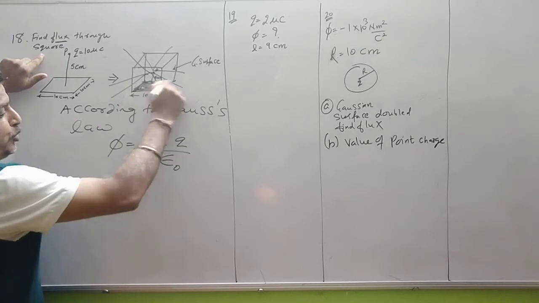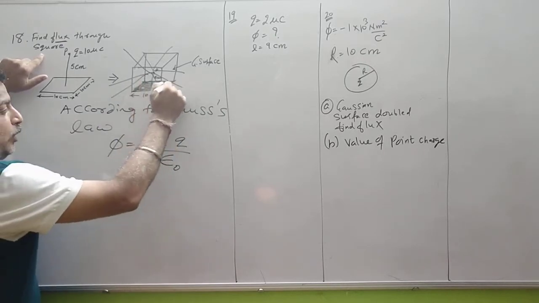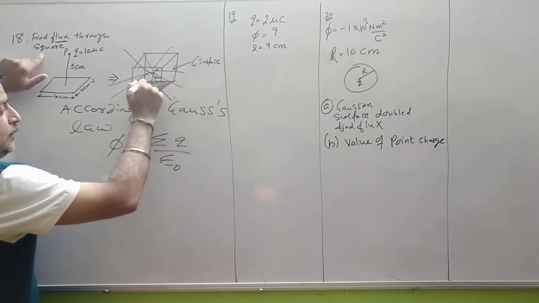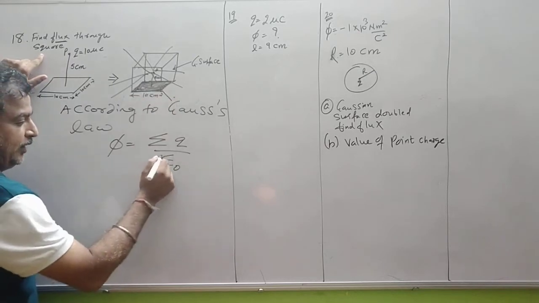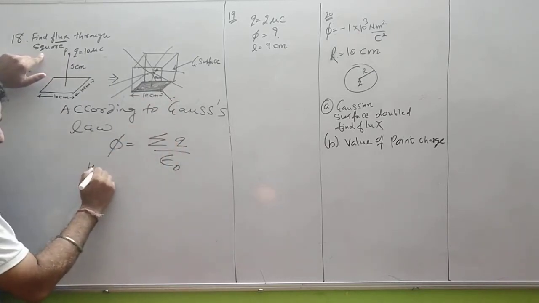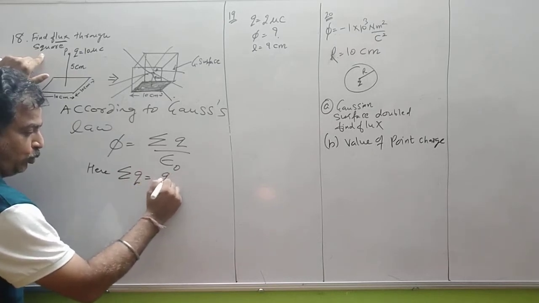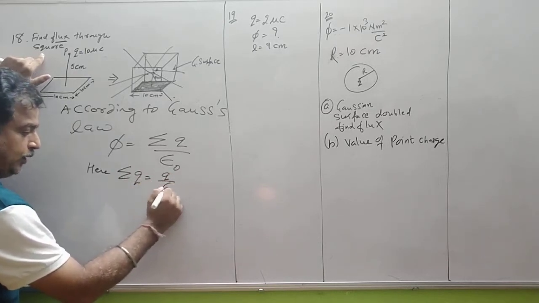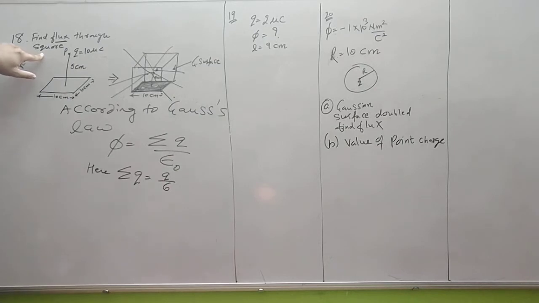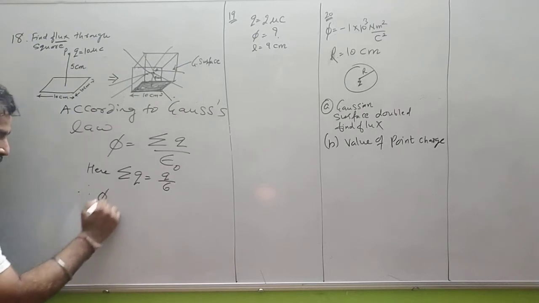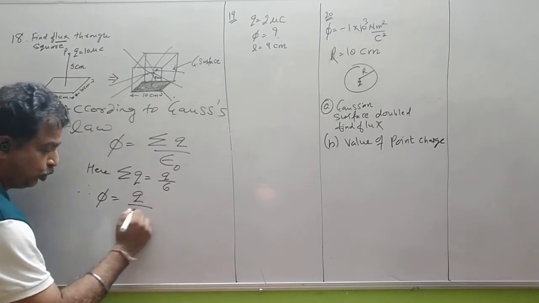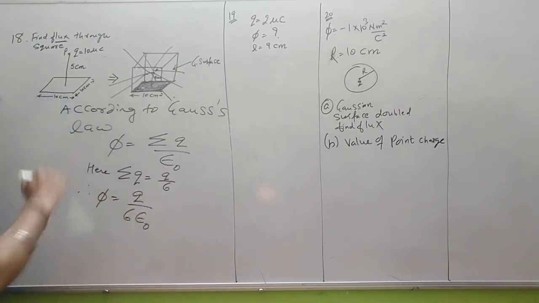So the contribution of this one side or the flux through this one side will be 1/6 of this. So here summation Q is equal to Q upon 6. So 1/6 part of this charge will contribute to our square. Therefore flux is equal to Q by 6 epsilon naught.